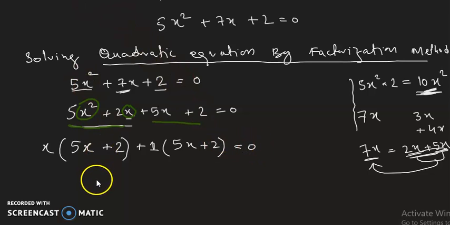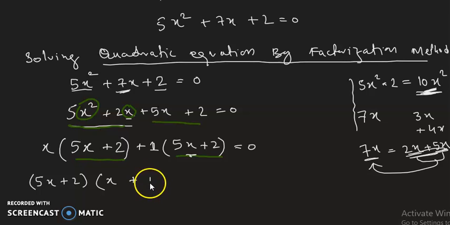Now we see 5x plus 2 is here, and 5x plus 2 is here also, so we can take 5x plus 2 common. We will take 5x plus 2 as a whole common. We will be left with x plus 1, which is equal to 0.